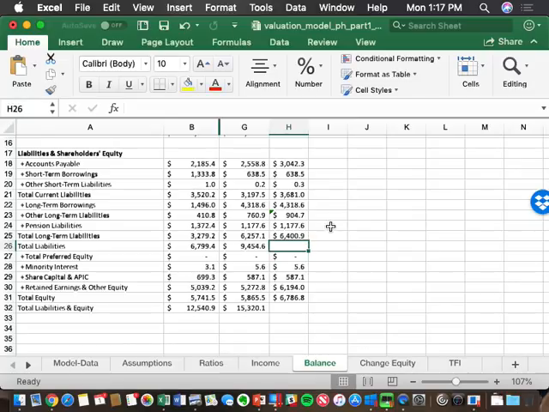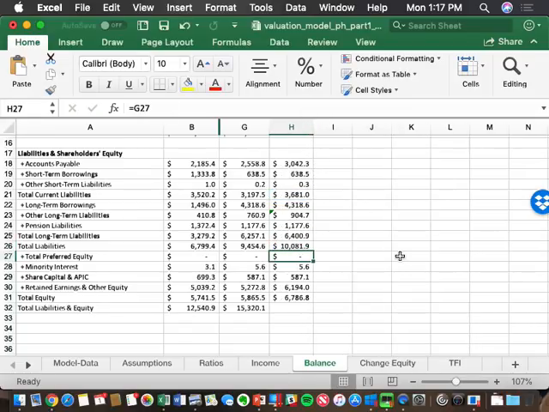So 6,400.9. Total liabilities equals total current liabilities, H21, plus total long-term liabilities, H25. So total liabilities should be 10,081.9.